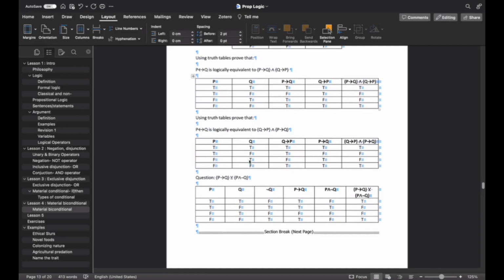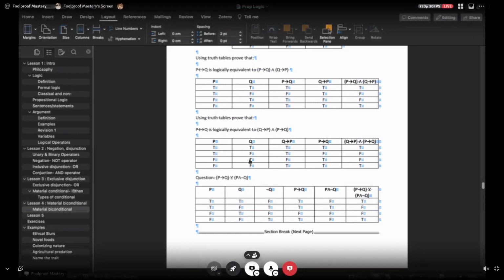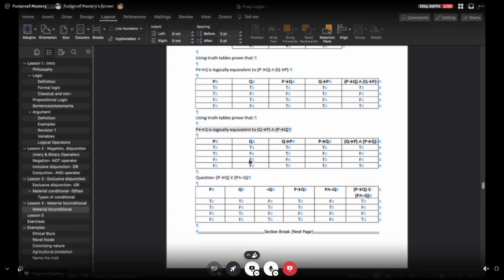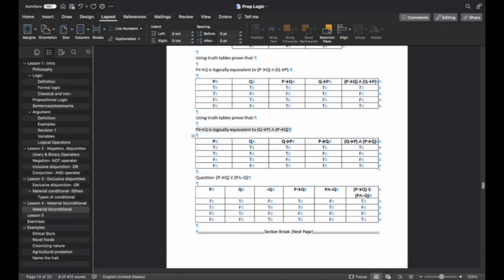Last lesson we did one of the proofs together, and then you sent me another one to do: Q implies P and P implies Q. So what I assume we would do is write out the truth table for P and Q, same as it always is. Both start off with true, then you make one false, then the other false, and then both false.